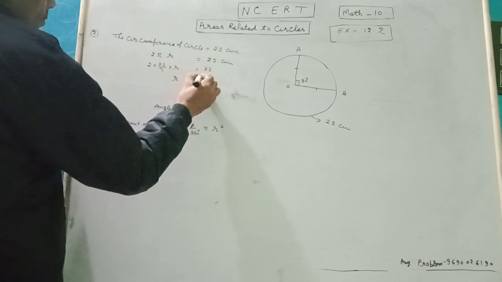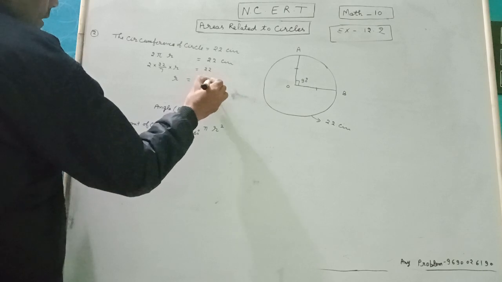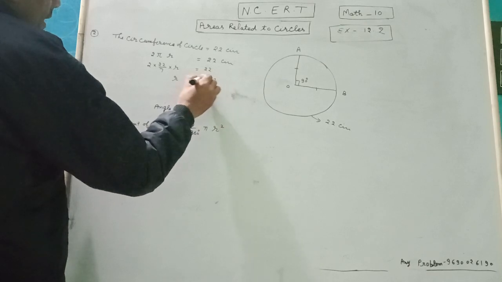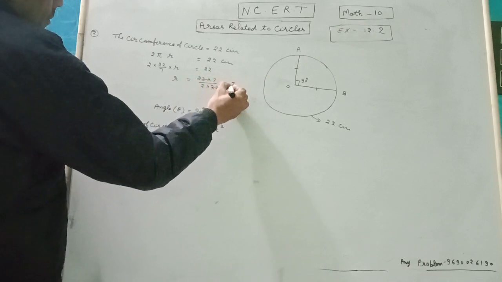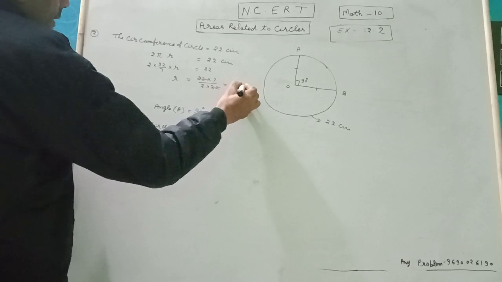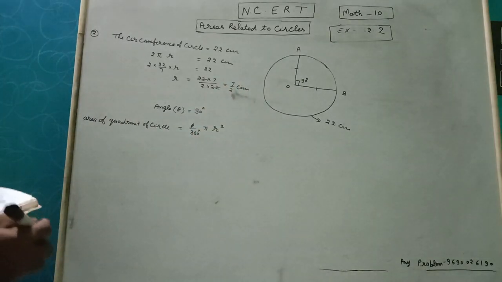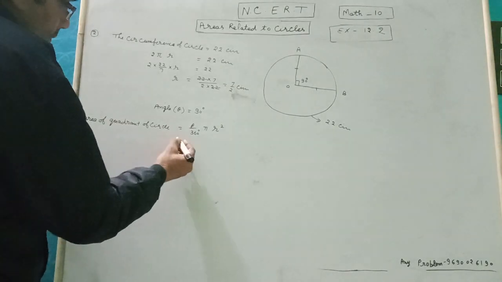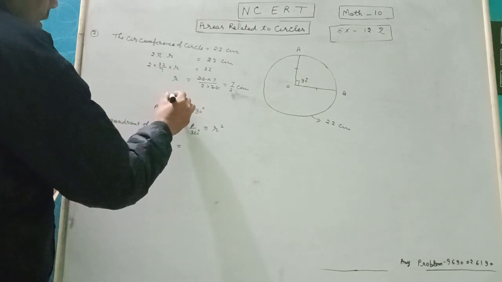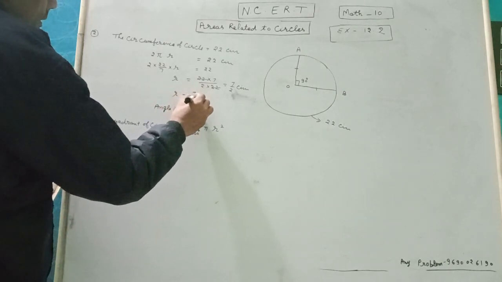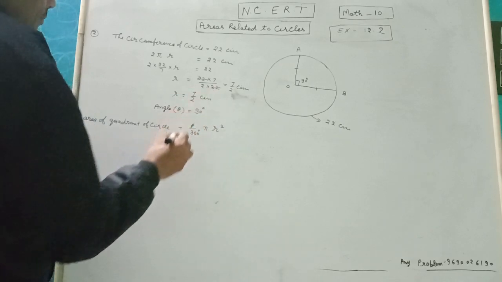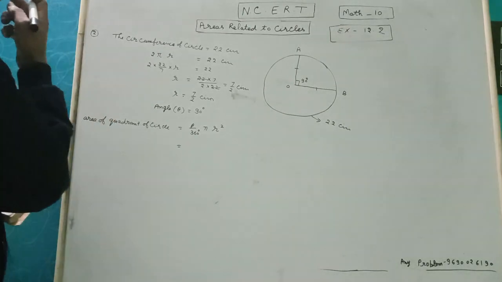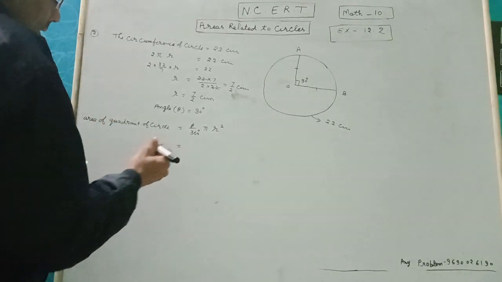Then r is equal to 22 into 7 upon 2 into 22. 22 divided by 22, r is 7 upon 2 cm, the radius of the quadrant or circle. So r is equal to 7 upon 2 centimeter. We found the value of radius from the circumference.